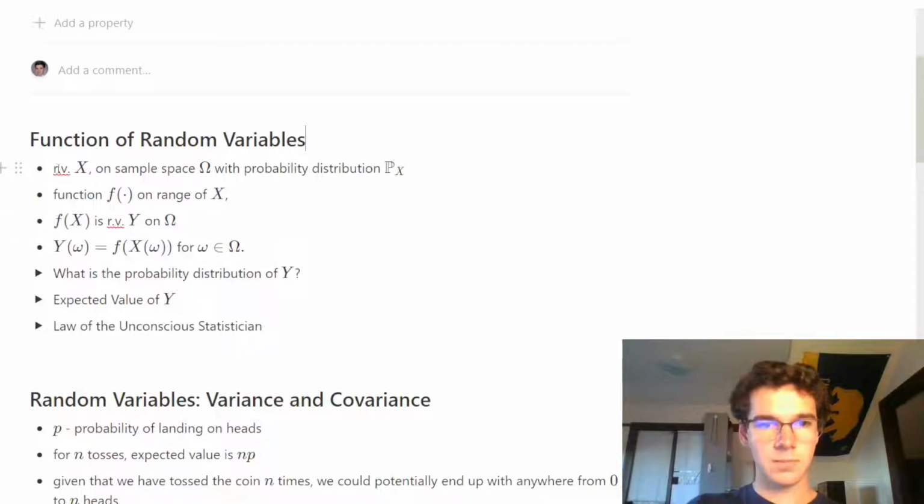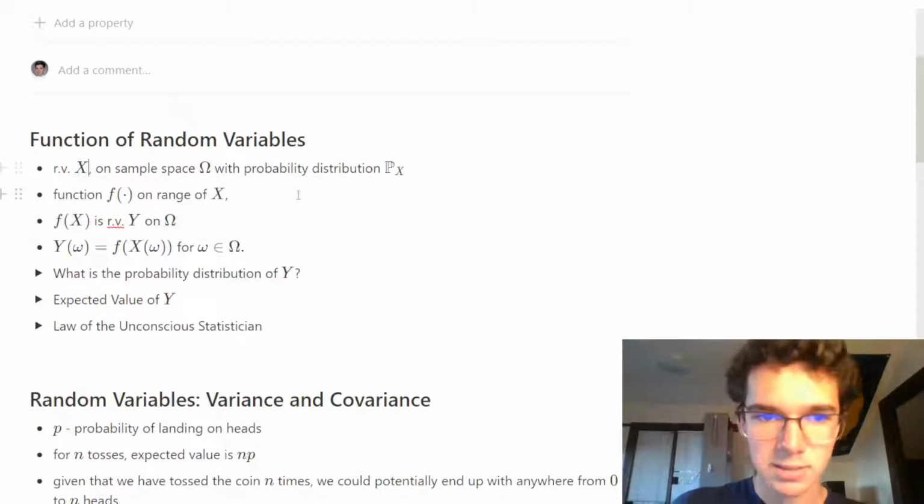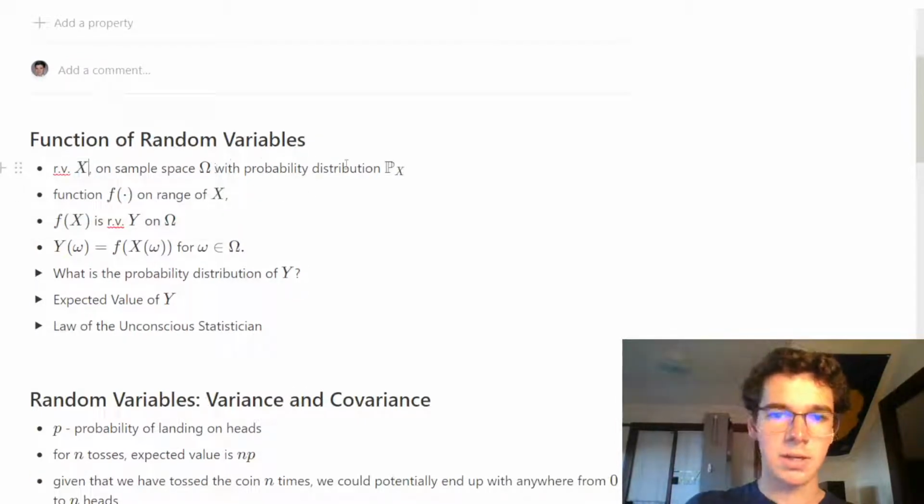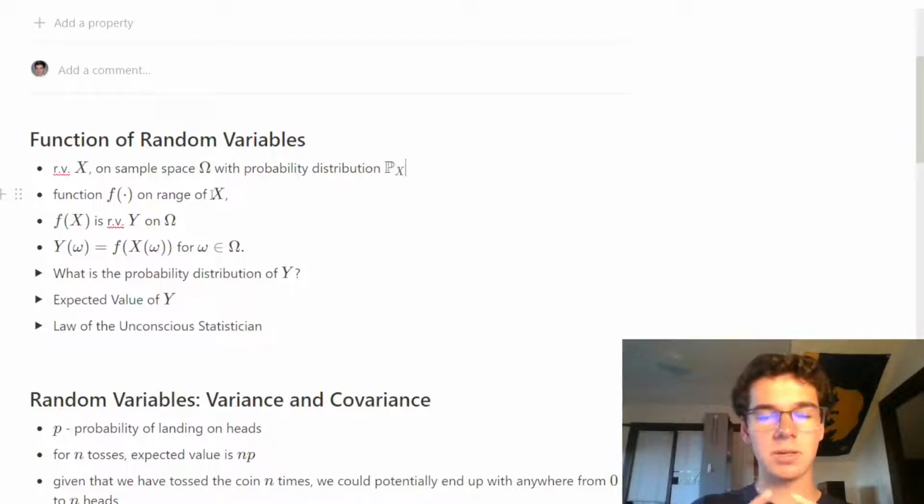So let's just define this random variable X. It's going to be on some sample space omega, and its probability distribution is denoted by this. And then we're going to have some function f, which is going to be on the range of X. That is, it's going to take in the values that X can map out to, on that set of real numbers.